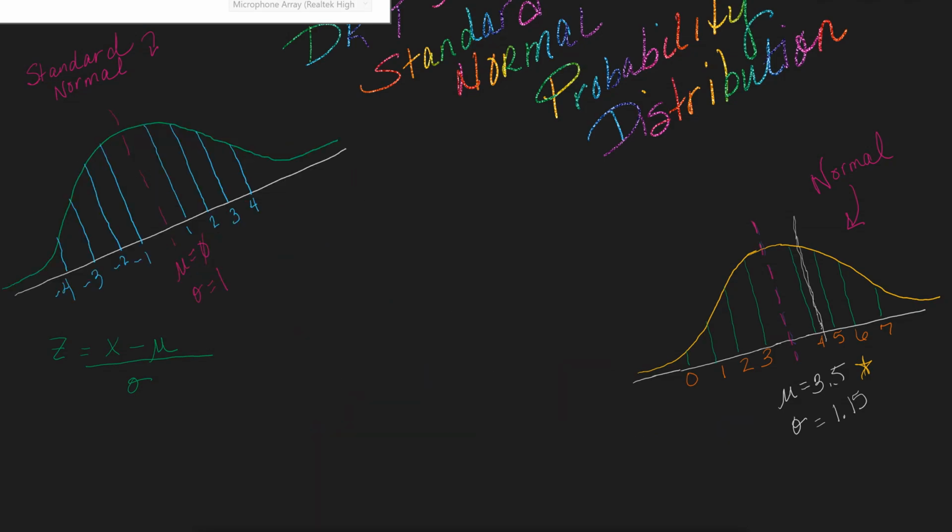Now there's another way to use a z-score in a z-table, and it is this. You may come across a time or an instance where you are asked to find the area to the left of z.